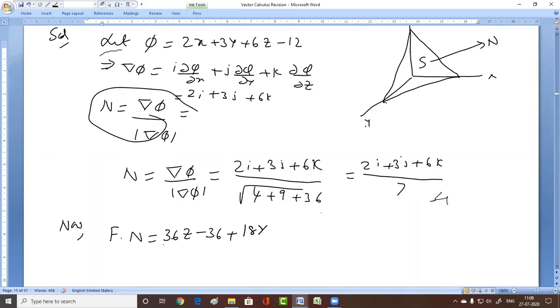Divided by 7 also. Now throughout cancel the common 6 by 7. Then what happens? 6z minus 6 plus 3y. So f dot n is known, n is also known. Now we will find the integral value.